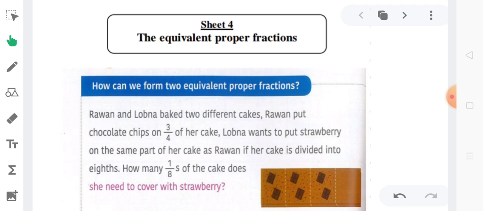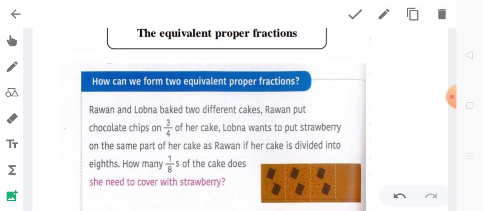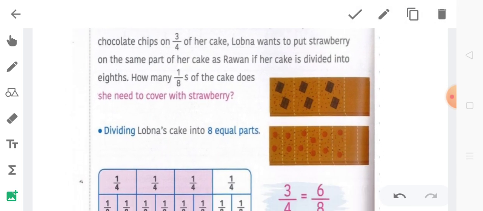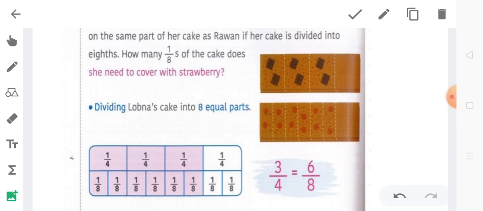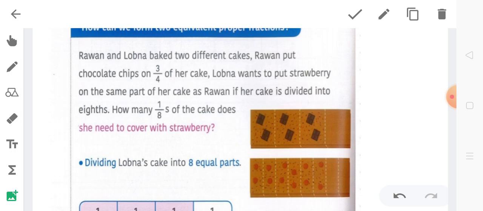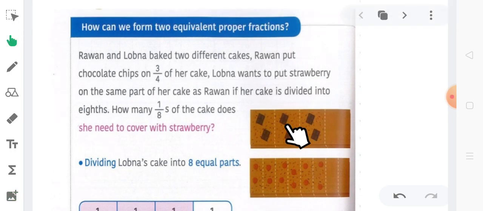Okay, let's complete and show this by drawing. This is Rawan's cake divided into 3/4, and this is Lobna's cake.